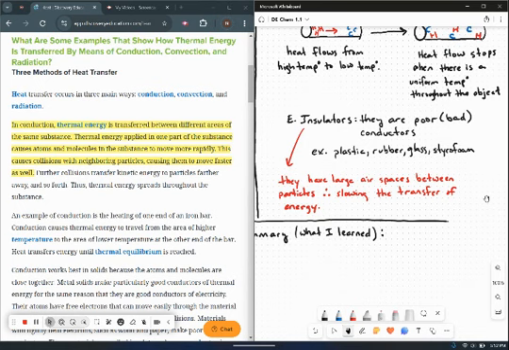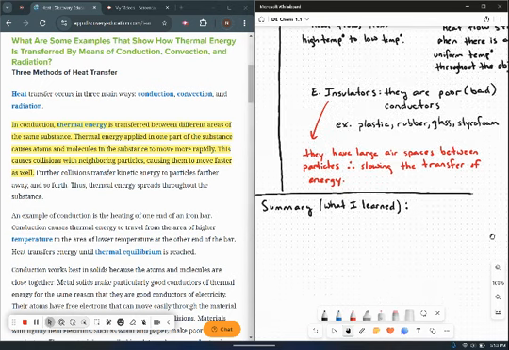So insulators are things that are poor conductors. The reason why is they have large air spaces between the particles. So just like with convection, they slow the transfer of energy, right? The more space you have between your particles, the slower the transfer of energy is.